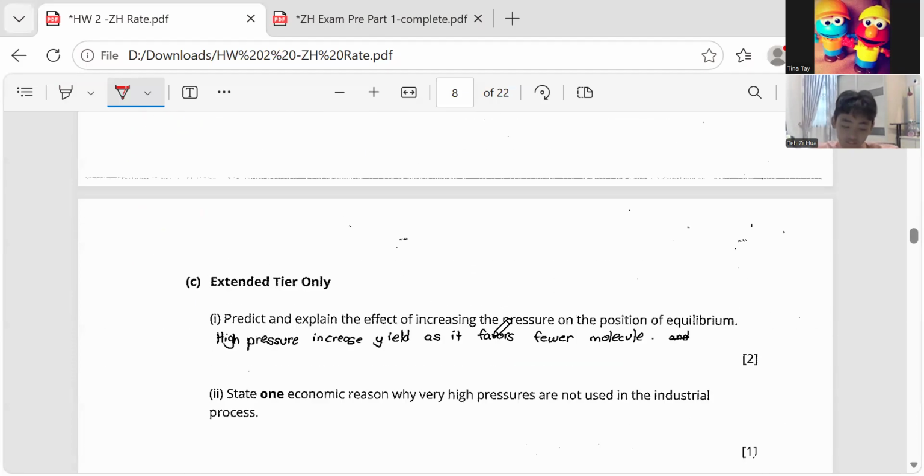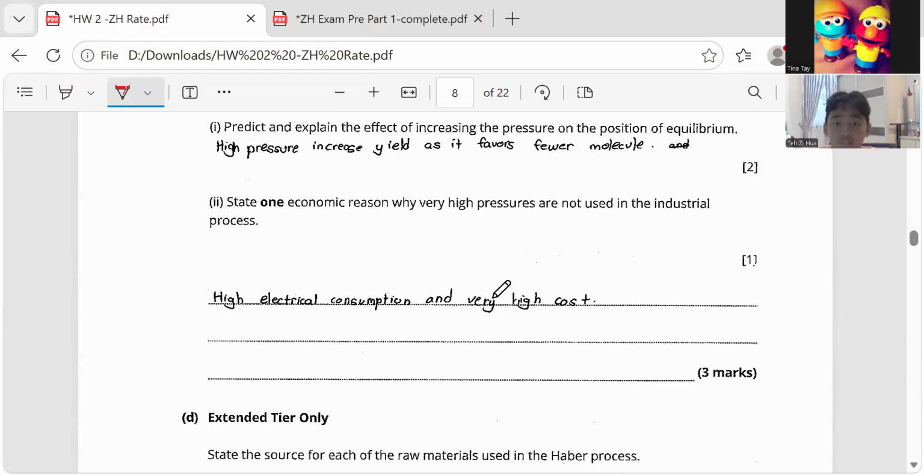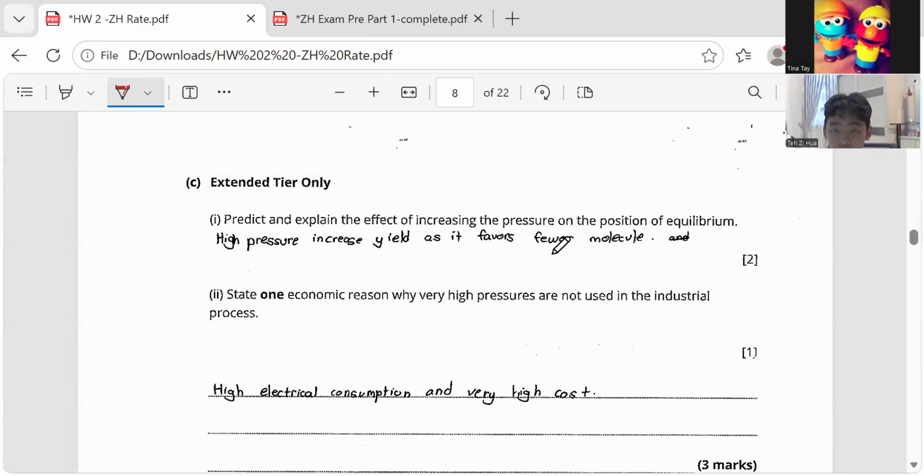High pressure favours the side with fewer molecules of gas.